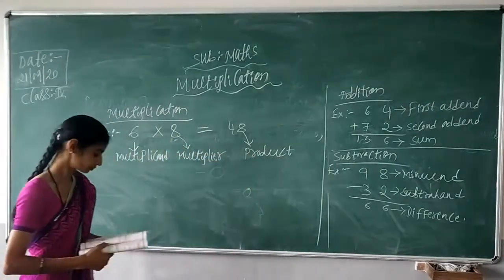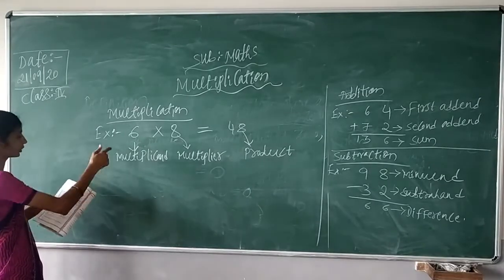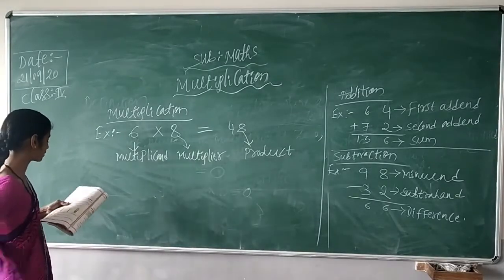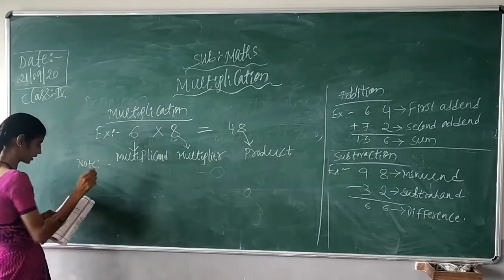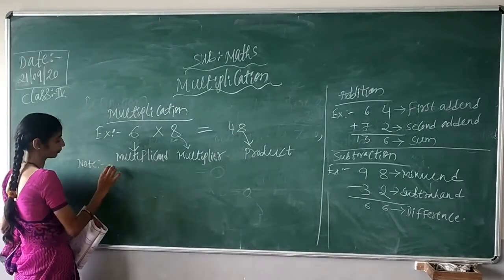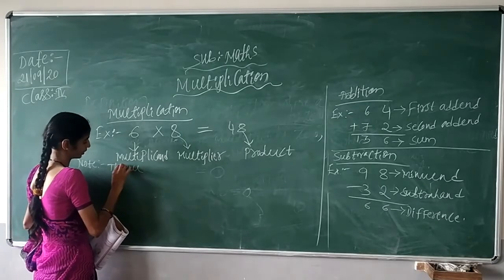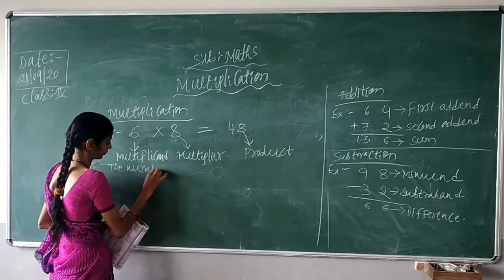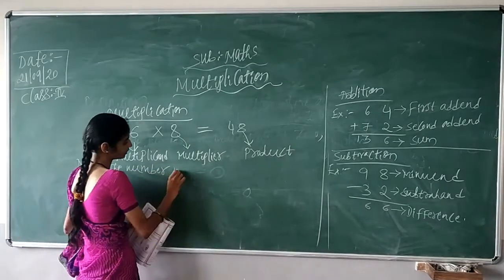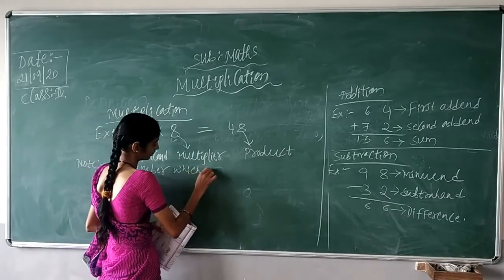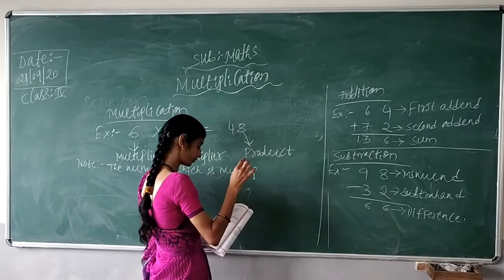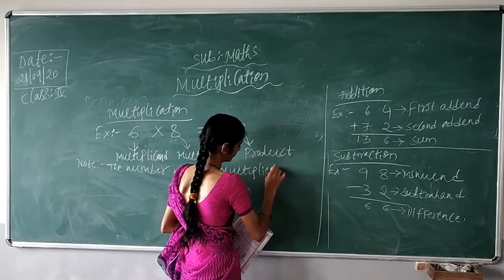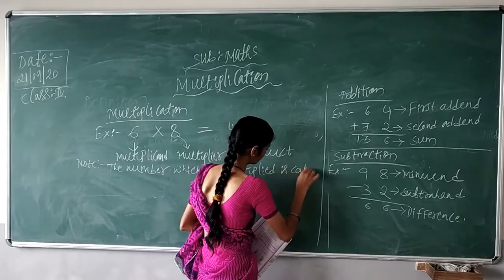Okay. So in this, what does this multiplicand represent, children? Write here a note.